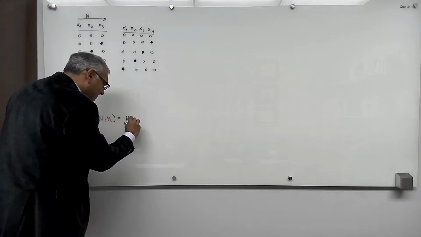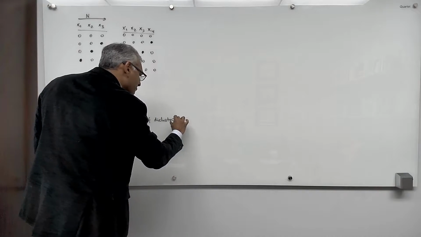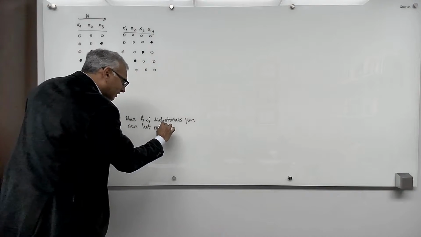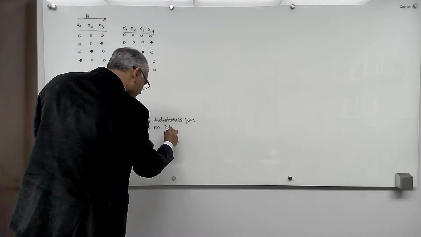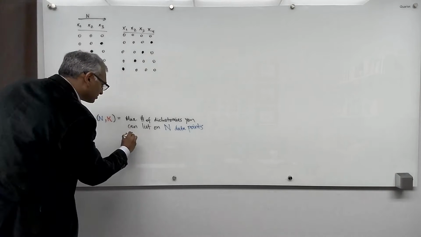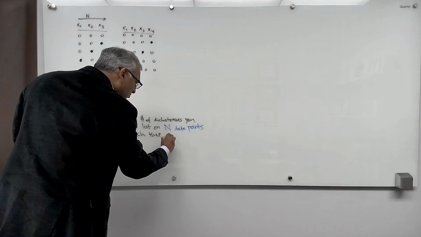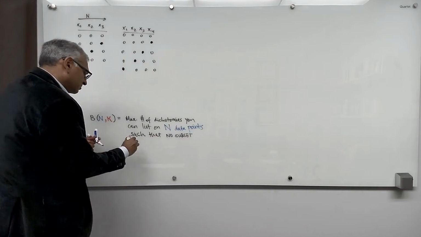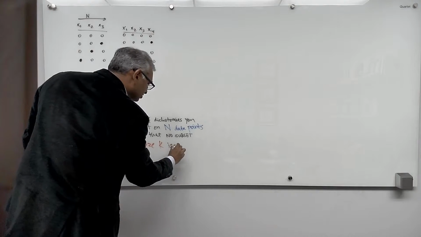It's the maximum number of dichotomies you can list on n data points such that no subset of size k is shattered.